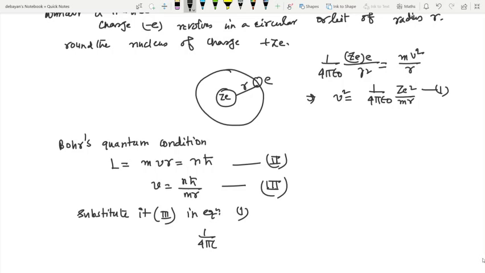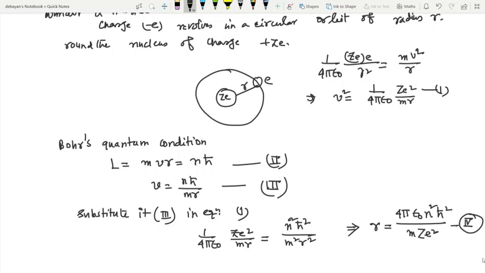From that equation we can get the value of r, which is 4 pi epsilon naught n square h bar square by m Z e square, and that is equation number 4, the value of r.